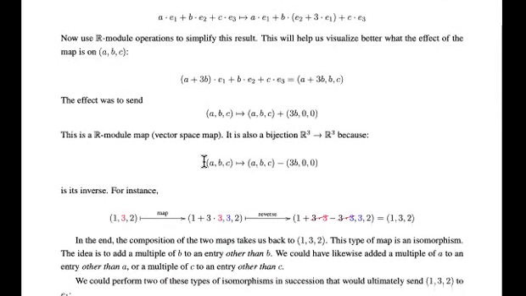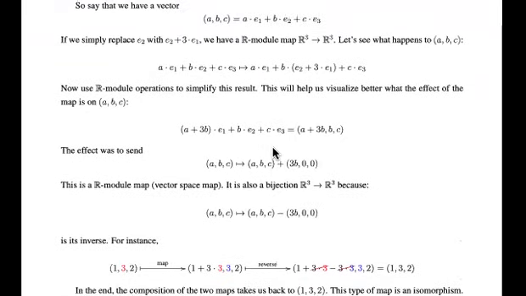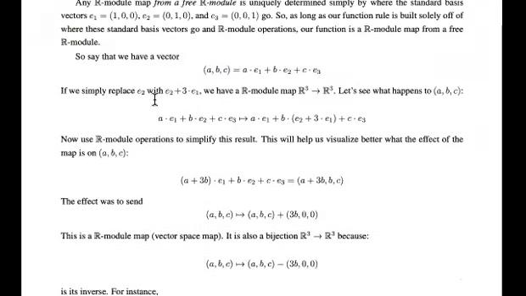Essentially, we have an isomorphism like this. You can take ABC and you can subtract off, let's see here. If we look at this, ABC is equal to this. This is just another way of writing it, where these are standard basis elements: 1, 0, 0, 0, 1, 0, 0, 0, 1.